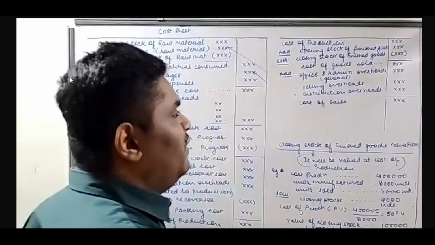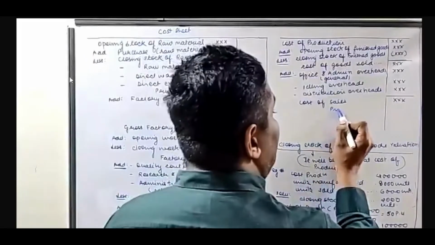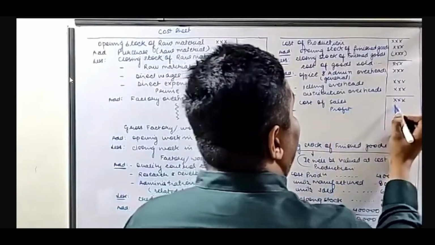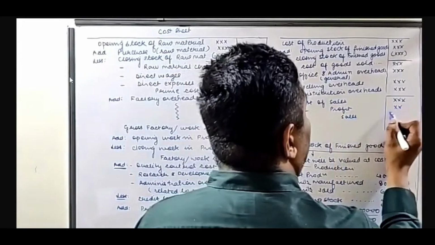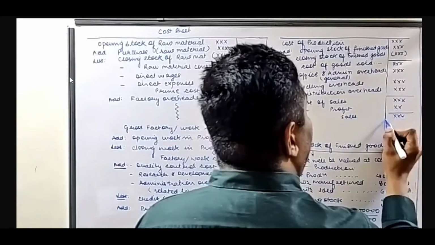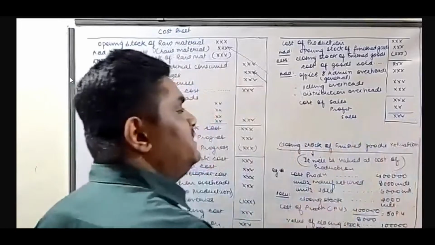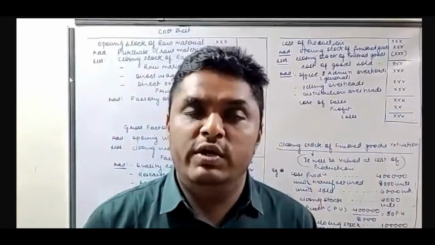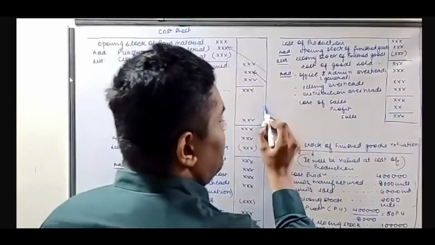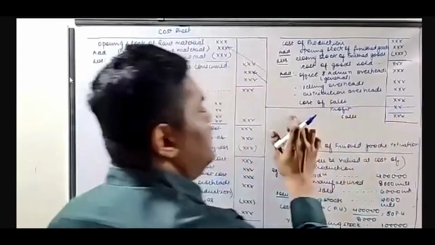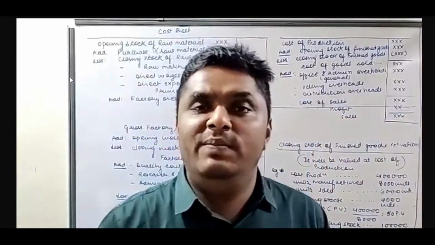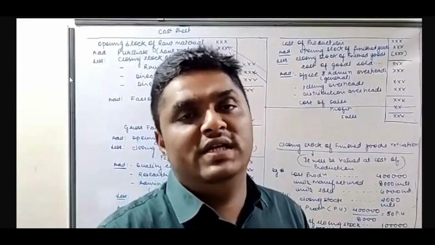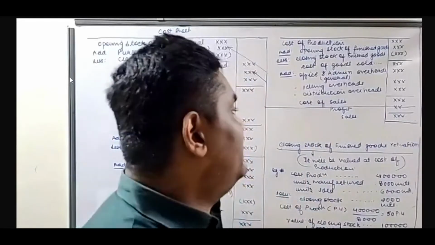So if we want to calculate the estimated profit also, we can calculate it after adjusting with the net sales value. We can calculate the final estimated profit also. So in short, this much only will form part of cost of sales. This much only will form part of cost sheet. But if we want to calculate the estimated profit also, if we adjust the cost of sales from the sales value, we will get the estimated profit.